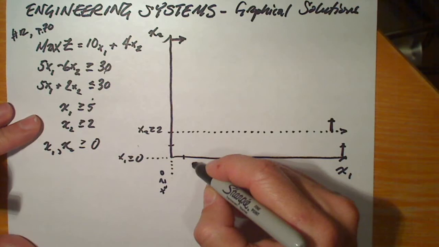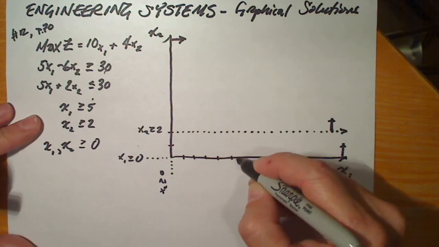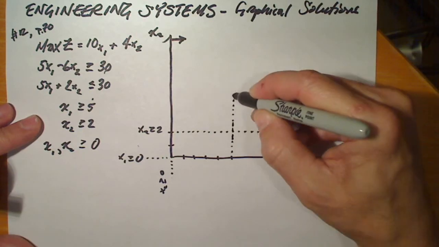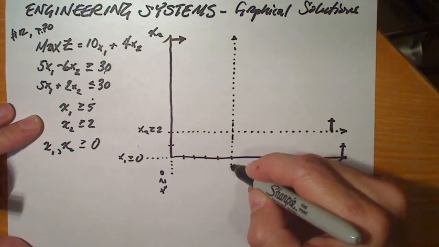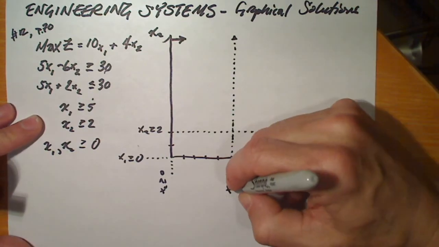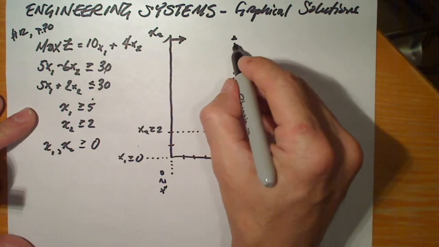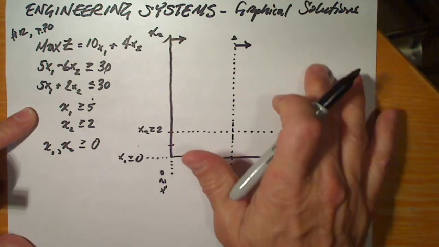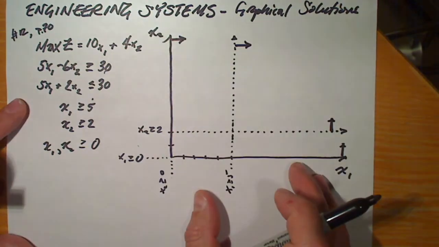Now let's do x1 must be greater than or equal to 5. 1, 2, 3, 4, 5. x1 greater than or equal to 5. And again, we have to be on the right-hand side, the positivity side of this equation. We can see the feasible region is getting narrower as we add constraints.